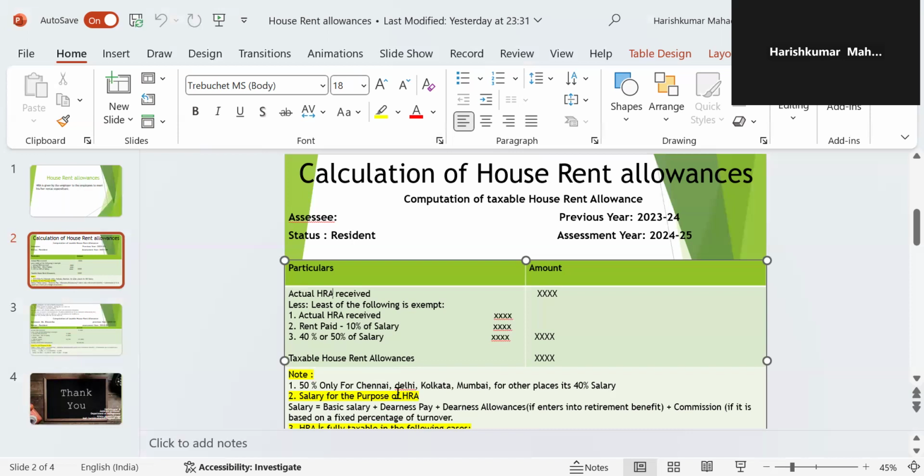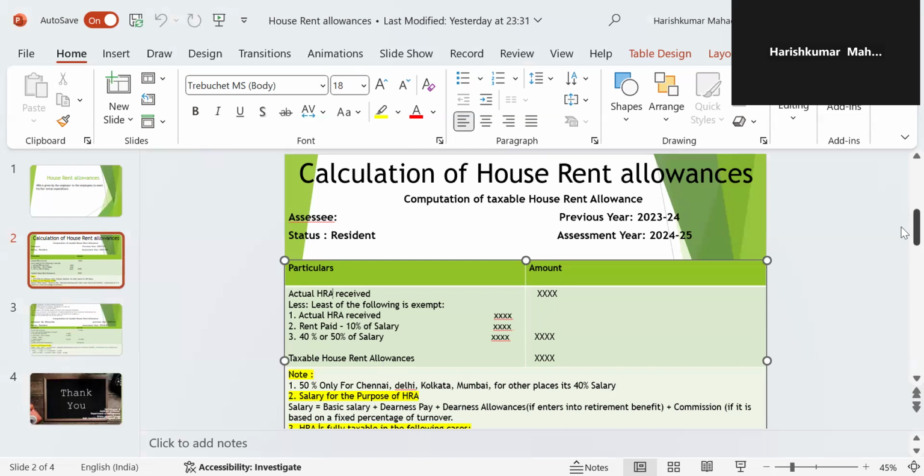In metropolitan cities, it is 50% of salary, and other than metropolitan cities, it is 40% of salary. So we just have to compare all the three, whichever is least, that is exempted from HRA. So actual HRA received minus least of the following is exempted, and you will arrive at taxable house rent allowance.